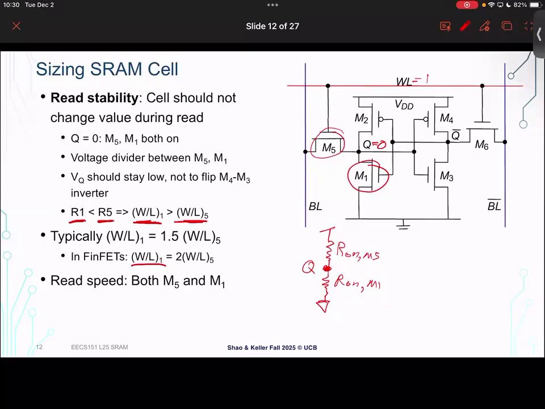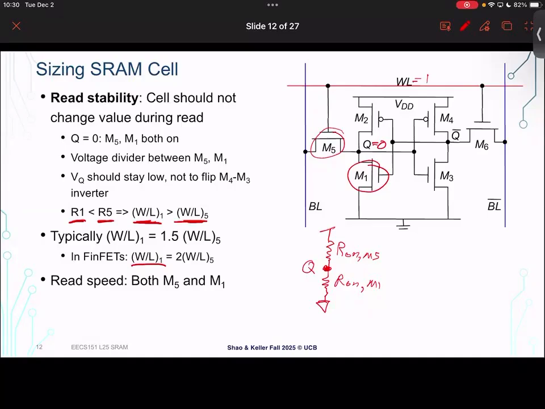In the very latest processes that are just being released now, which are gate-all-around, you once again can have continuous sizing, at least in theory. So I don't actually know if SRAMs are going to go back to these more carefully ratioed designs. That'll be interesting to see.